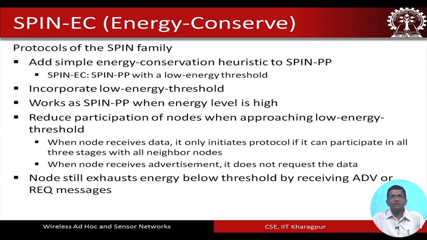It incorporates a low energy threshold and works as SPIN-PP, which is again a very basic SPIN protocol where the energy level is very high. In essence I do not need to elaborate on this further, but as you can understand, the SPIN-EC protocol is a very energy conserving protocol which tries to minimize to the extent possible the energy consumption of the different nodes that use this particular protocol for routing.